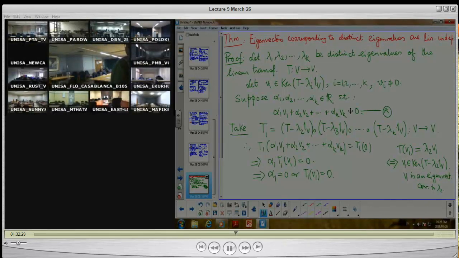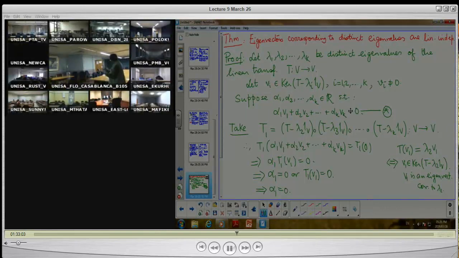From the definition of T1, if it were 0, V1 would have become an eigenvector corresponding to lambda 2 or lambda 3 and so on. But it is not, because it is an eigenvector corresponding to lambda 1, and lambda 1 is distinct from each one of them.